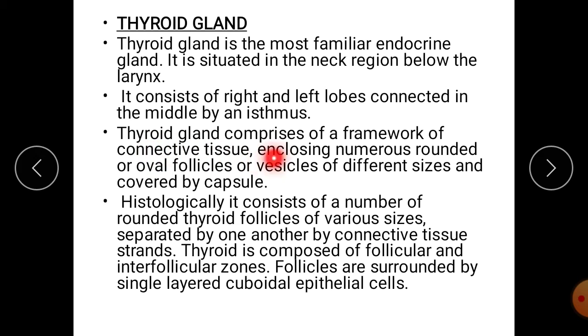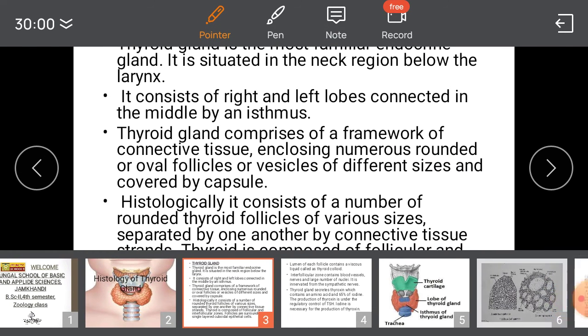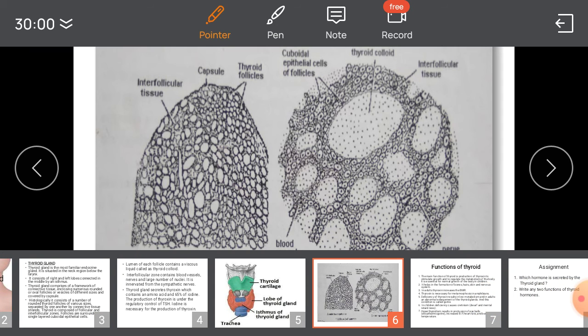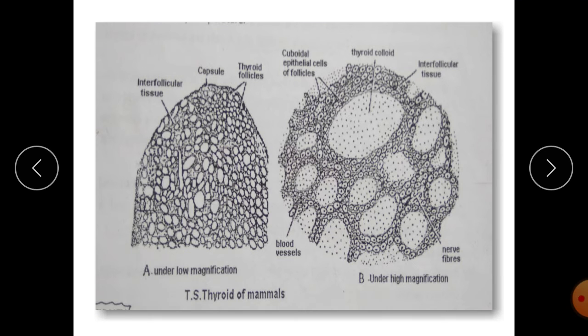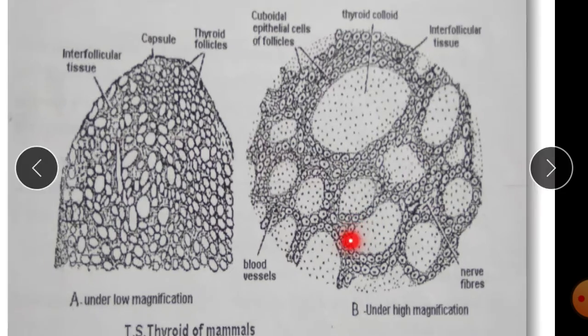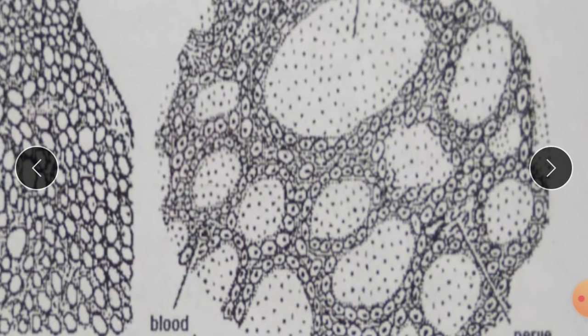Thyroid gland comprises a framework of connective tissue, enclosing numerous rounded or oval follicles or vesicles of different sizes and covered by capsule. So here you can see these are follicles.